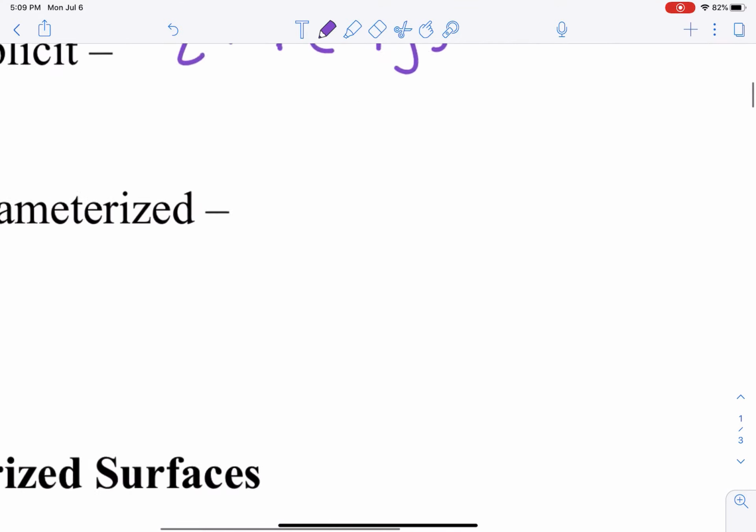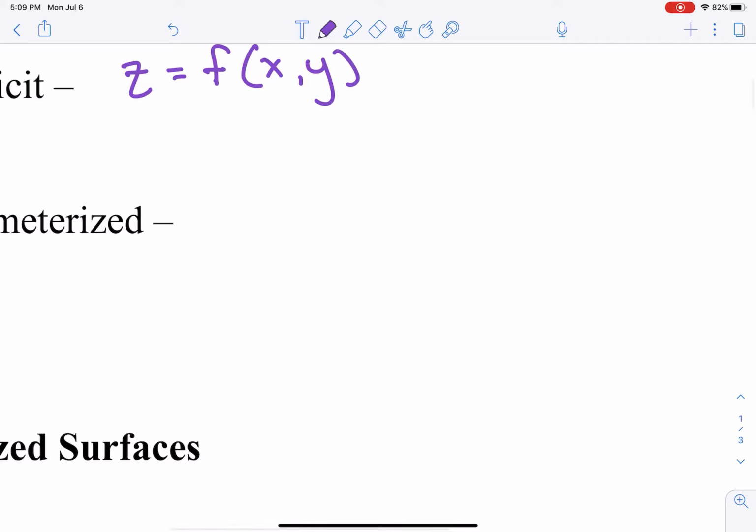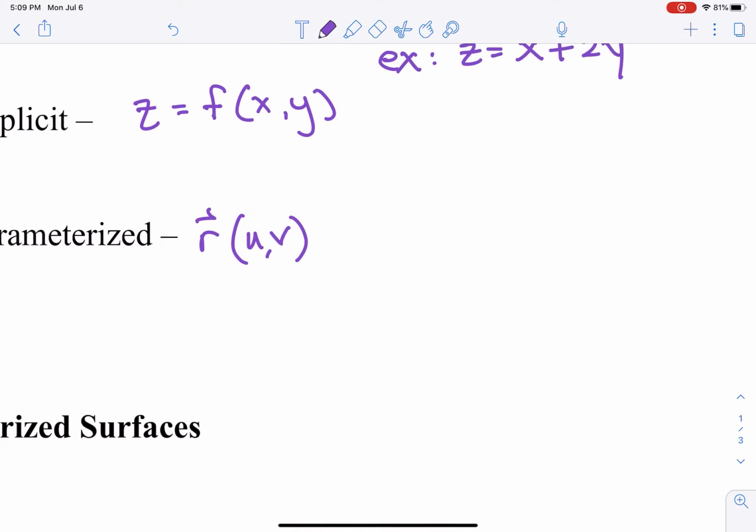So the way we write the parameterization of a surface is instead of r of t, we actually do r of u and v. These are the standard placeholder variables, just like t is for a single parameterization. We tend to use u and v for surface parameterizations.